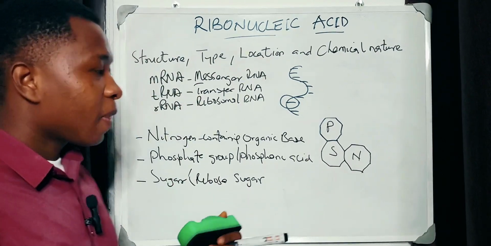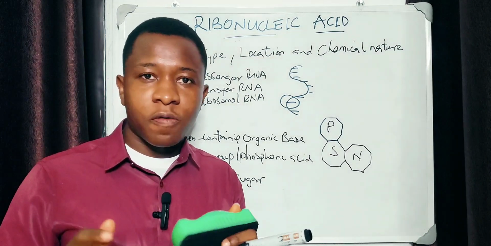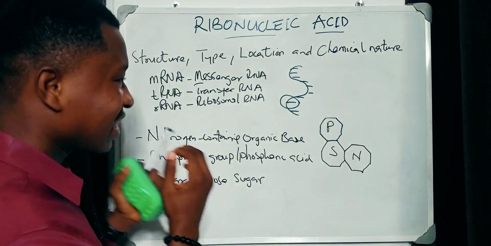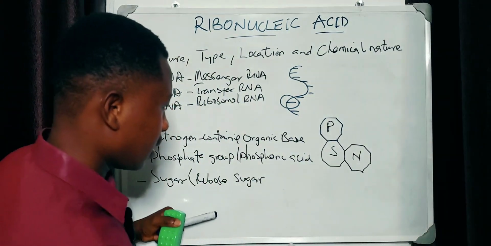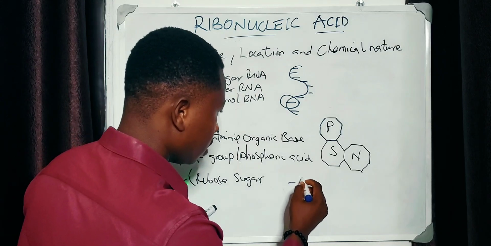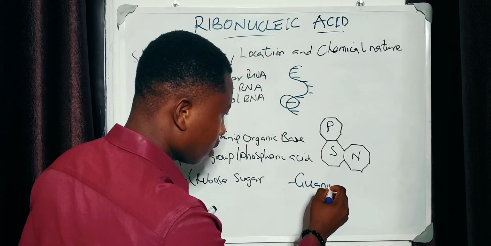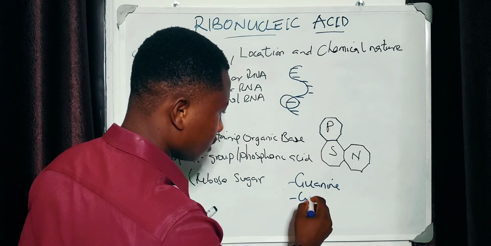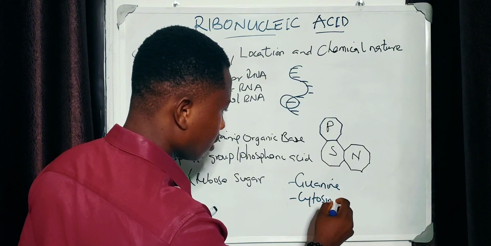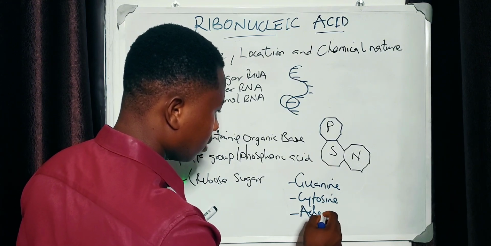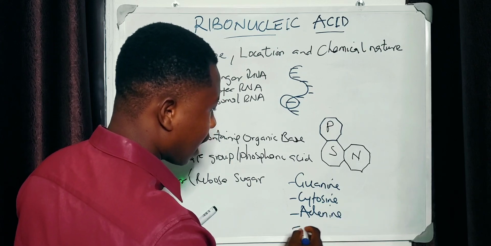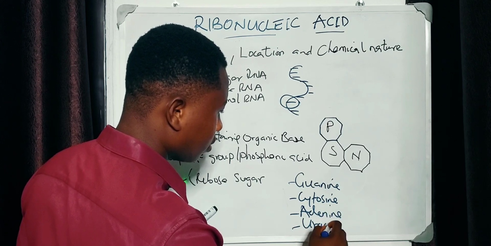Now, there are four basic types of organic base when we talk about the RNA. Those organic bases are guanine, cytosine, adenine, and uracil.